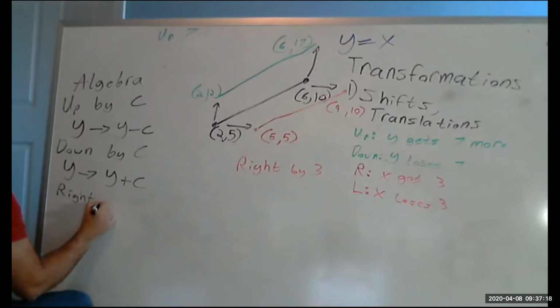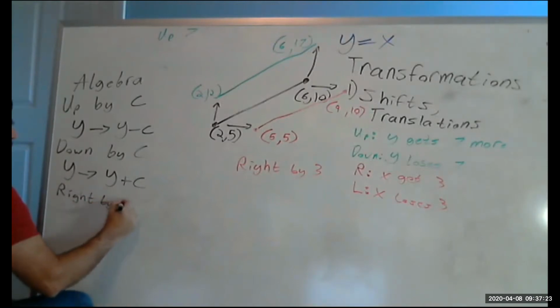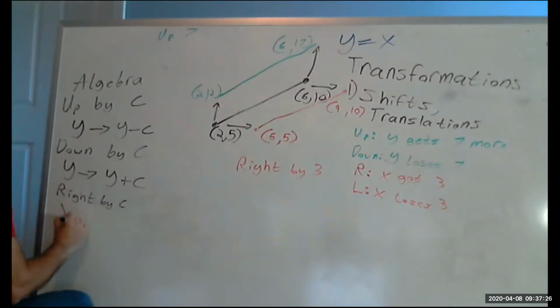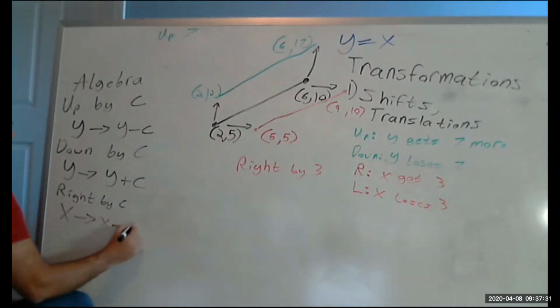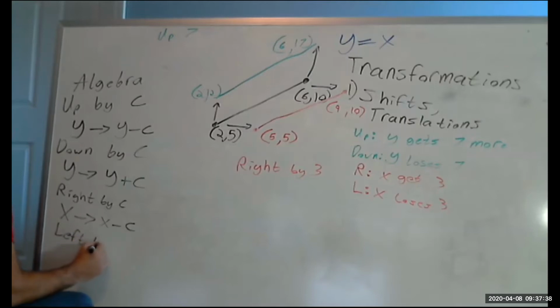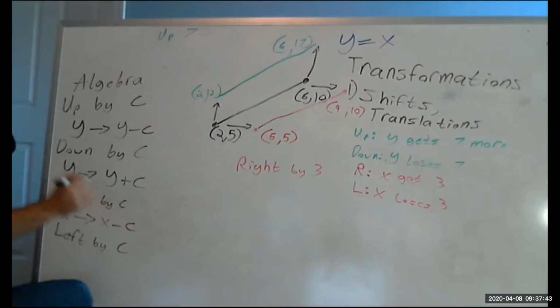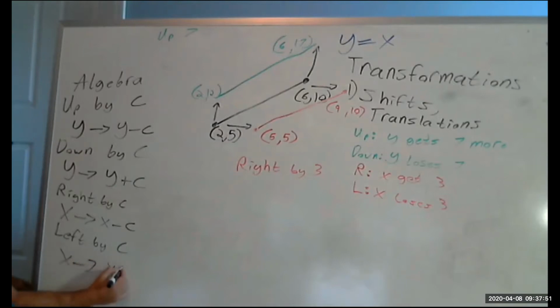With right by c, we're moving x to x minus c. And if we go to the left by c, that is x to x plus c.